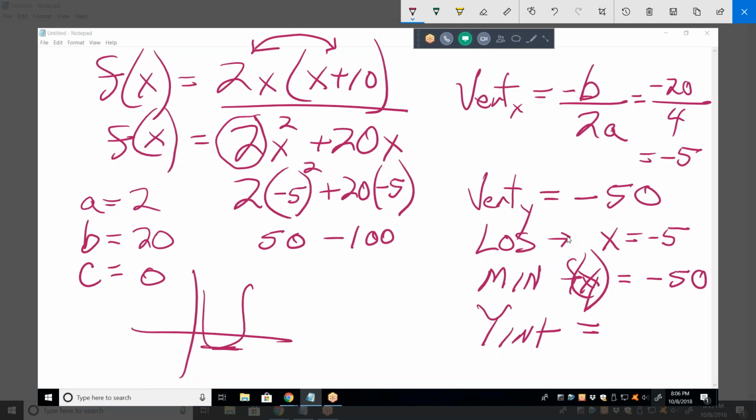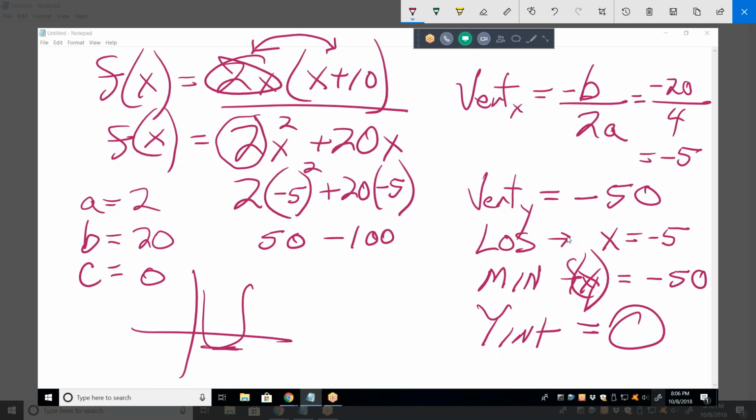We're finding the y-intercept by substituting 0 for x. That makes that 0 instantly, and 0 times anything is 0. So that's why there's no math. You're looking at the product of two things, and one of them is 0. You don't have to worry about whatever the second thing is. It could be a billion. Would not matter. 0 times a billion is 0.